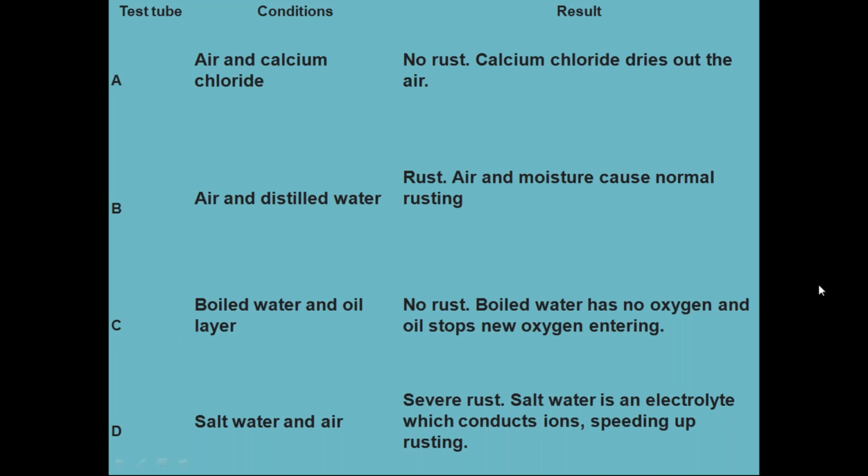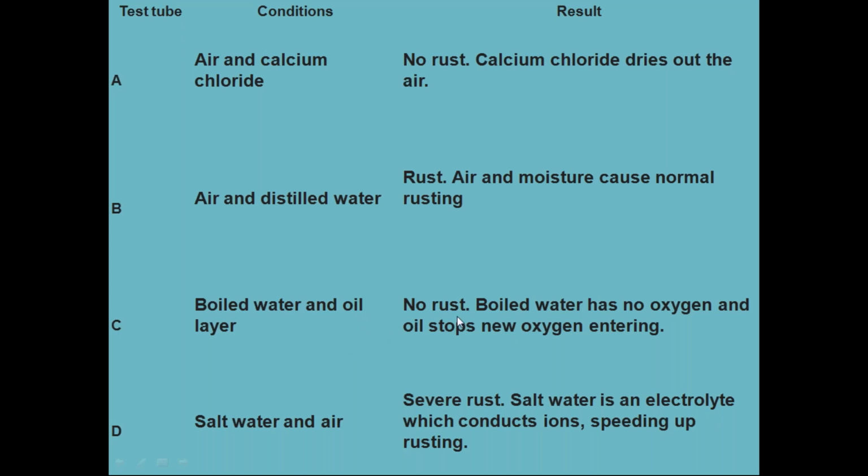In C, we had boiled water and an oil layer. There will be no rust because there is no oxygen. By boiling the water, we get rid of oxygen dissolved in water, and by putting an oil layer on top of the water, we also prevent any oxygen molecules from entering the water.